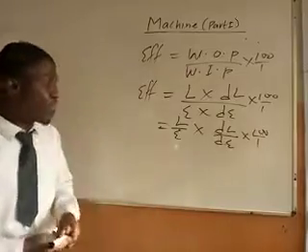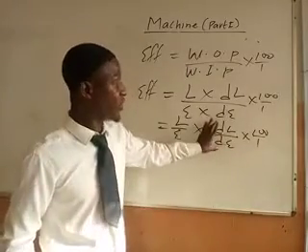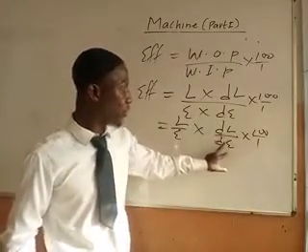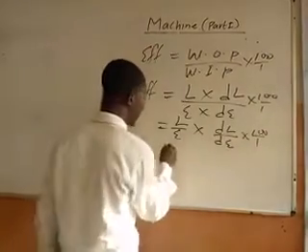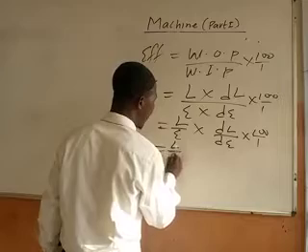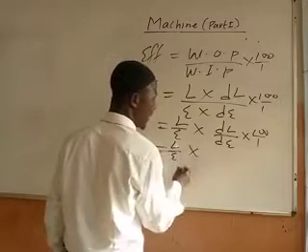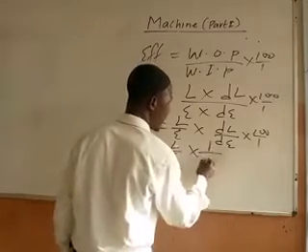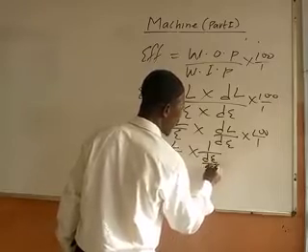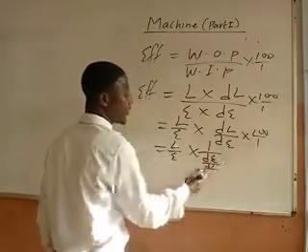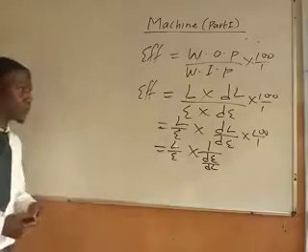Then what we need here to get velocity ratio is just to look for the reciprocal of this. Therefore, we can write this as load over effort multiplied by 1 over distance moved by the effort over distance moved by the load. And this one will give us velocity ratio.